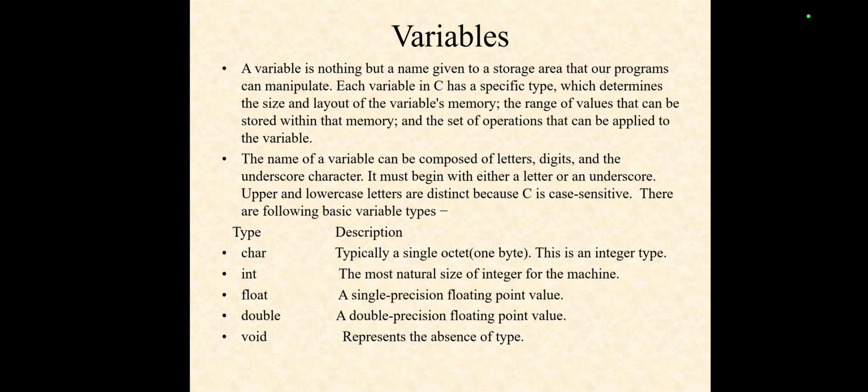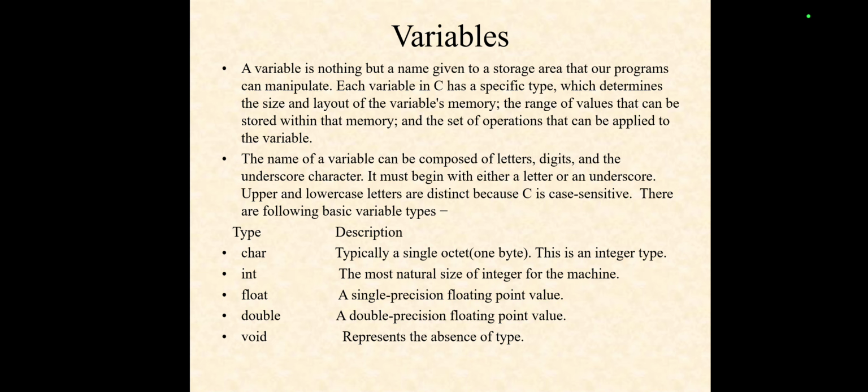The name of a variable can be composed of letters, digits, and the underscore character. It must begin with either a letter or an underscore. Upper and lowercase letters are distinct because C is case sensitive.